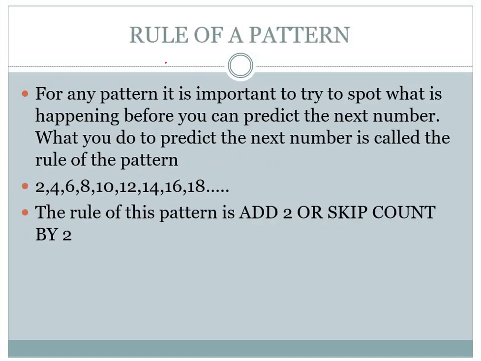So we have come to an important section of our lesson today, which is called the rule of a pattern. A rule is what informs the arrangement. It is just like when you see a crate of eggs. The eggs are arranged in a certain form so that they don't break.